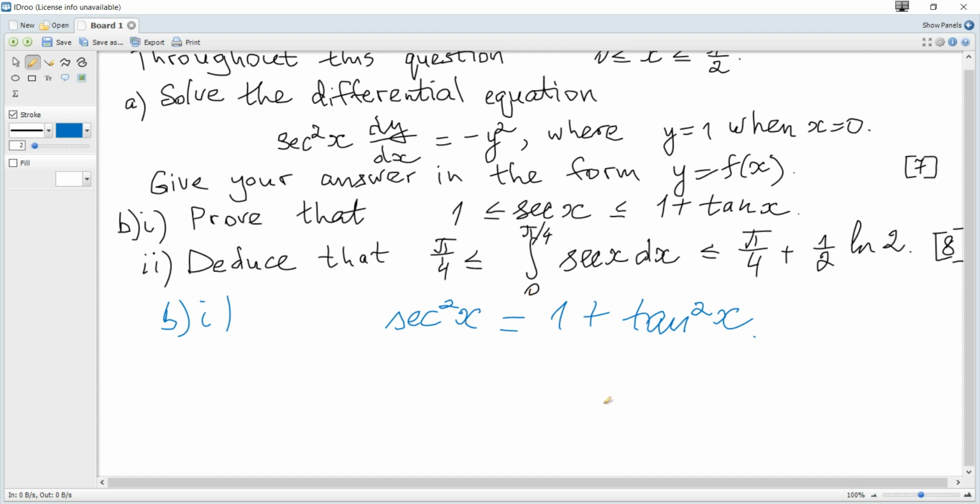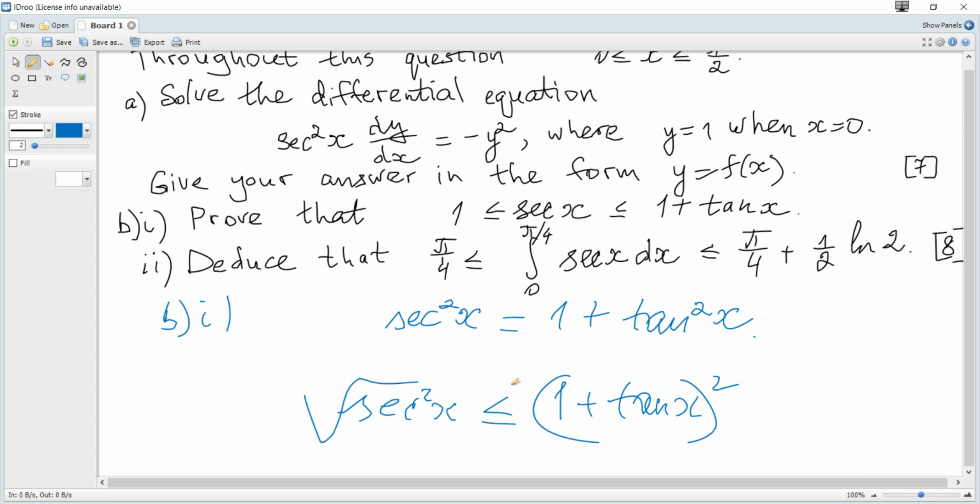But if we have an expression for secant squared, secant is what? Square root. But if it would be 1 plus tangent squared, secant squared, and it must be less or equal, then we can do what? Apply square root on both sides, and hence we get secant is less or equal than 1 plus tangent. But how can we get 1 plus tangent squared, and how can the inequality sign arise here?